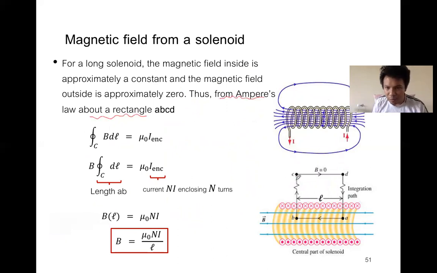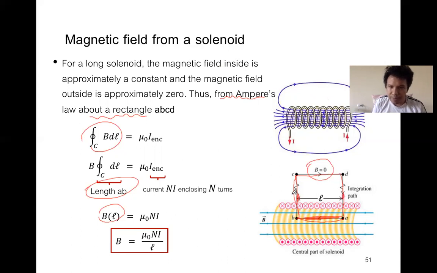With this rectangle, there is only path AB that has magnetic field, because we assume that the magnetic field outside is 0. So we integrate only for the part AB, and with constant magnetic field along the solenoid, we can transform the integral into B times L, in which L is the length of this Ampere loop.